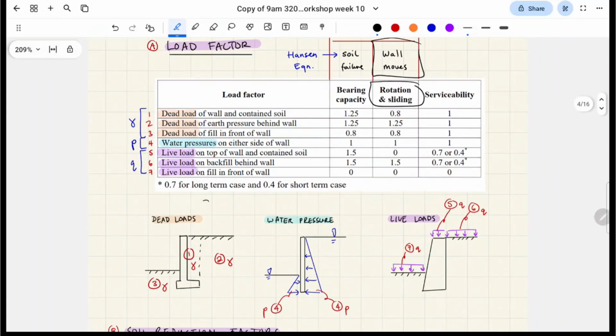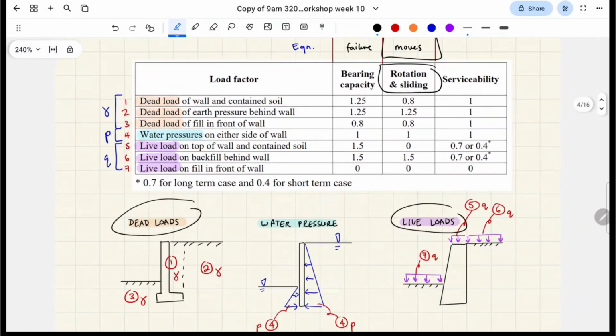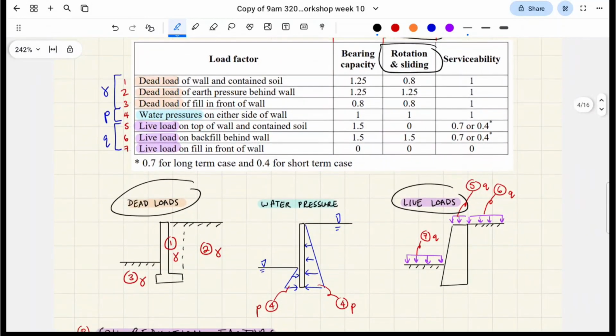So you've got your dead loads. I've talked about water pressure, just showing what I mean by water pressure here. But I want you to focus on dead loads and live loads, right? And this table is pretty confusing in terms of its wording. So here I've labeled 1, 2, 3 as these areas. For dead load, area 1 is to do with the unit weight of the wall itself, as well as the unit weight of the soil, which helps to stabilize the structure on top of the base of the wall.